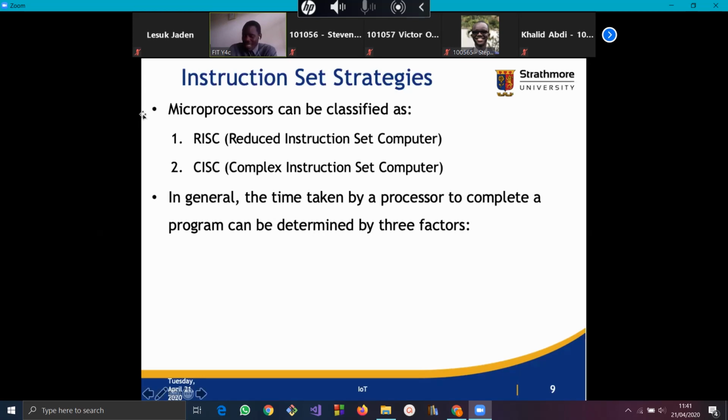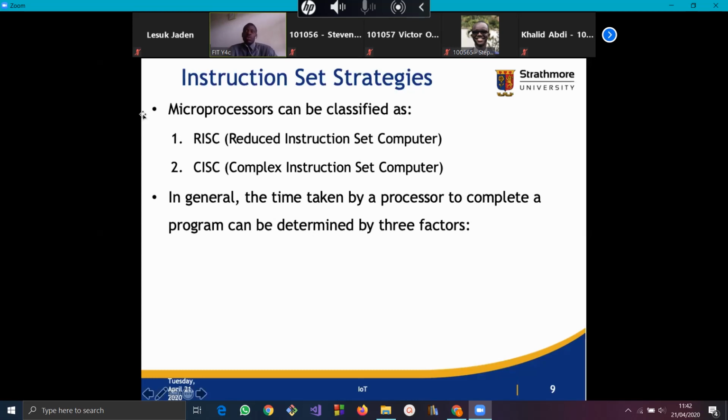So today's class, if I can just reiterate, we'll focus more on differentiating a microprocessor from a microcontroller, and number two, differentiating RISC from CISC. You'll realize that most of the things I'll discuss will be on one of these two. So pay close attention to these two things.